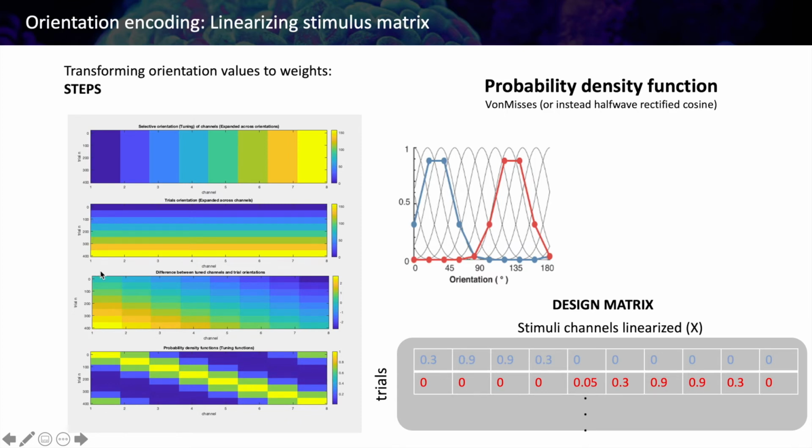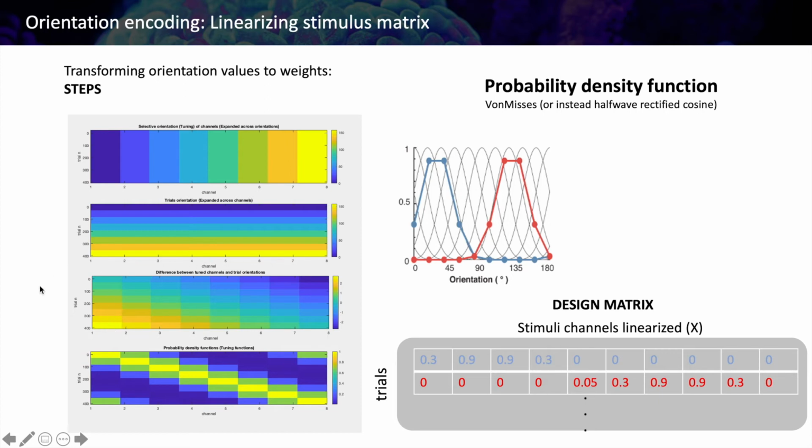This is normal because here this is a stimulus that has orientation 0 degrees, and this is the channel of 0 degrees, so there are no differences here. And if we go to the bottom, for example here we have the stimulus with 100 degrees, so it's very different from 0 degrees, so it's really yellow, okay?